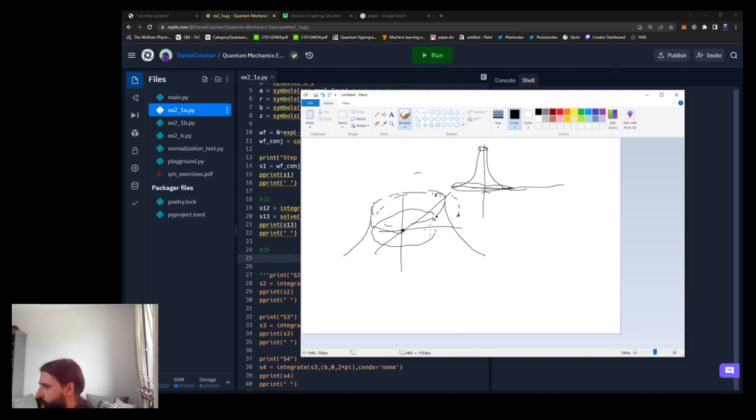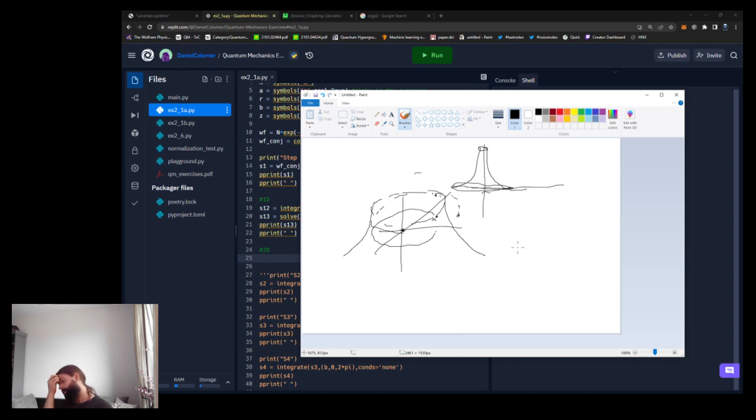Now, how do you go about it? So this is definitely no. What is it then? This is not polar coordinates anymore, right?